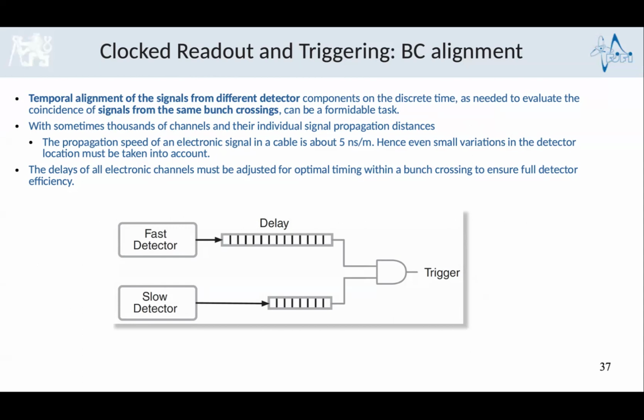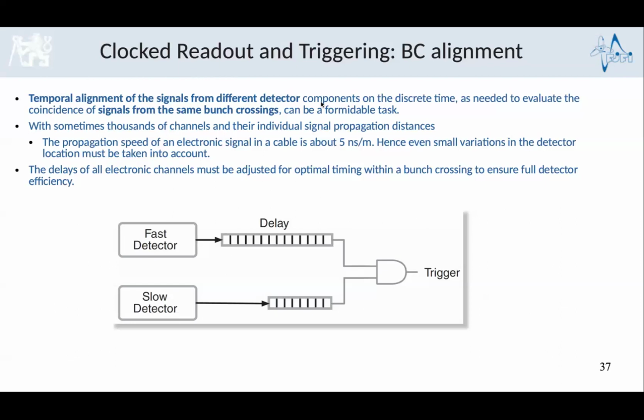One of the minimum conditions could be coincidence of signals in two detectors from the same bunch crossing.